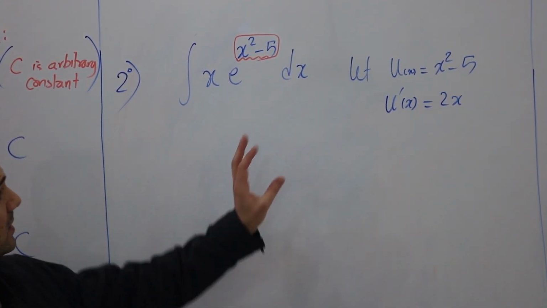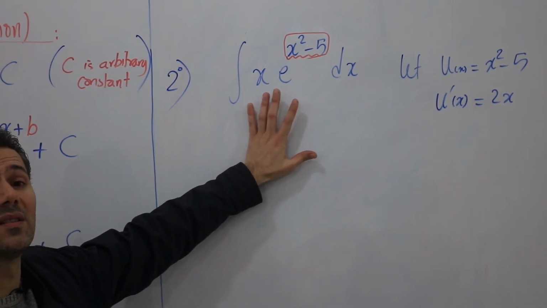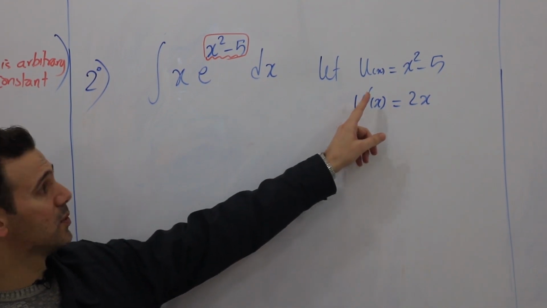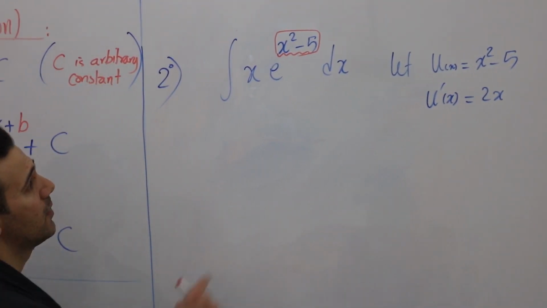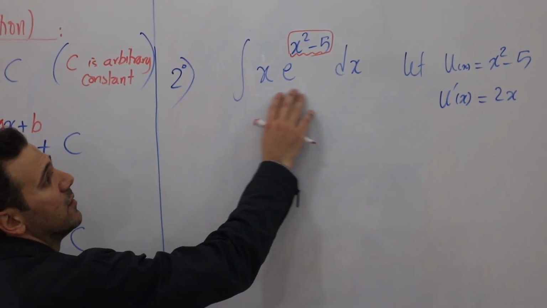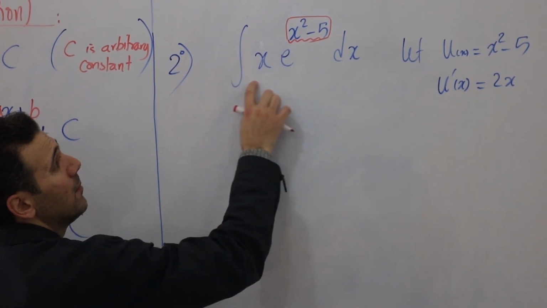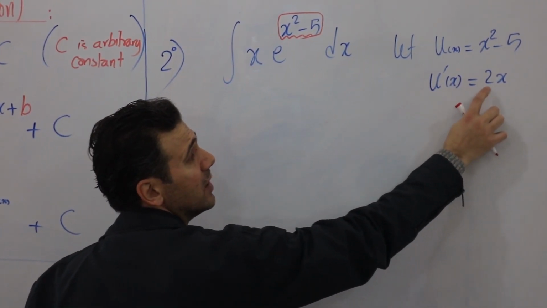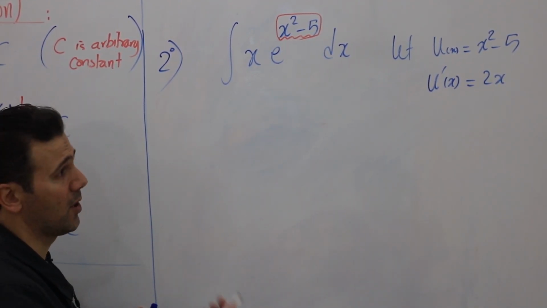Now, let's replace these terms in this function. After we suppose that u(x) equals x² − 5 and u prime equals 2x, if you look at the given form, we have e^u, it's clear, but u prime is modified. How could we get the 2?